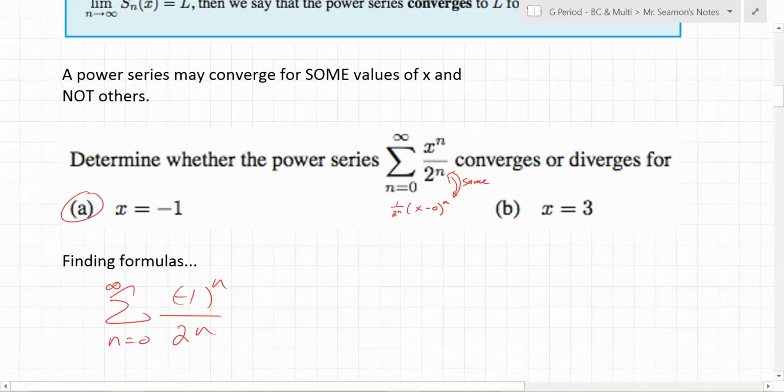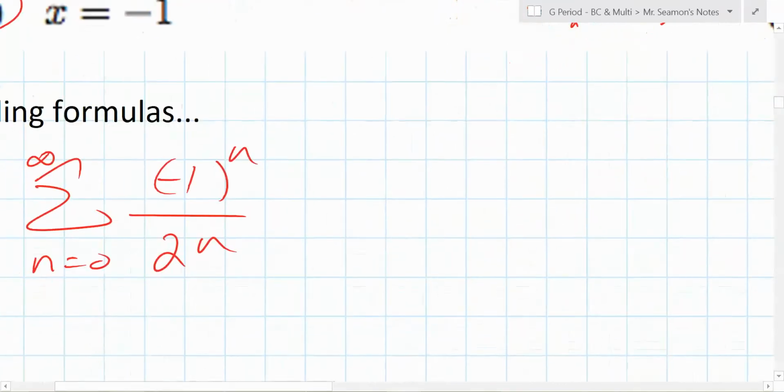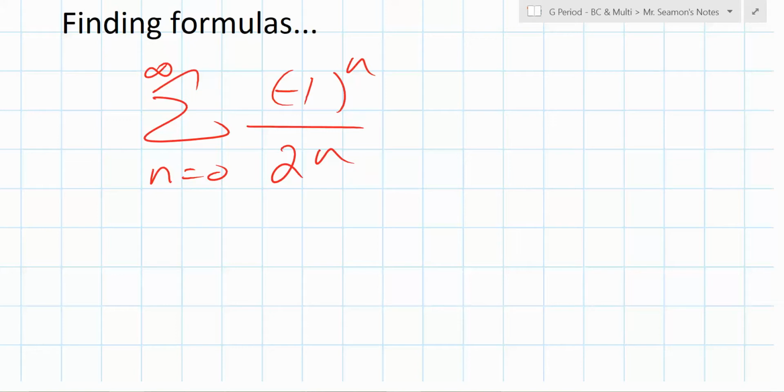What type of sequence is that? Alternating. What's it going to look like? When n is 0, what does that equal? 1. And then it's minus 1/2, and then it's adding 1/4, and then it's subtracting 1/8, and it's adding 1/16.